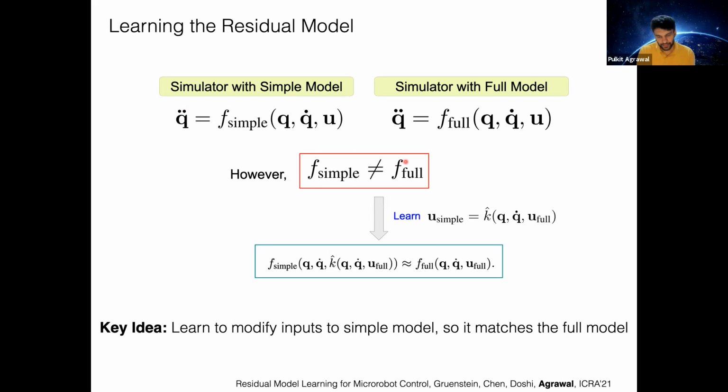And I guess one follow-up question, could you do the same kind of thing but in reverse? So instead of learning a way to map your U full into U simple, learning a way to map U simple into U full so that F full, the dynamics seen in the real world, match the dynamics that were simulated.